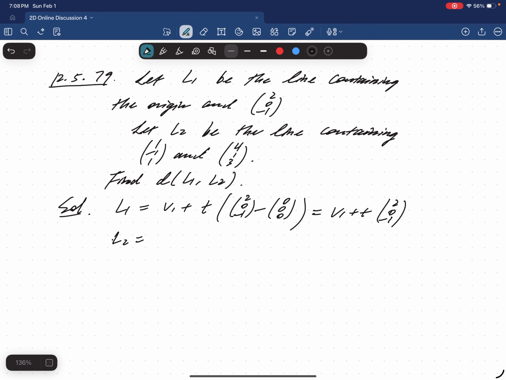And L2 is some V2. I don't know yet what V1 and V2 are, but I do know that these two lines must be of this form: V2 plus t times (4, 1, 3) minus (1, -1, 1). And this is just V2 plus t times (3, 2, 2).